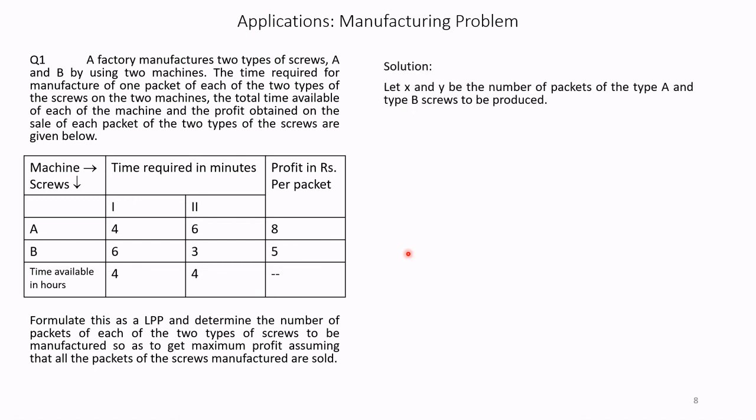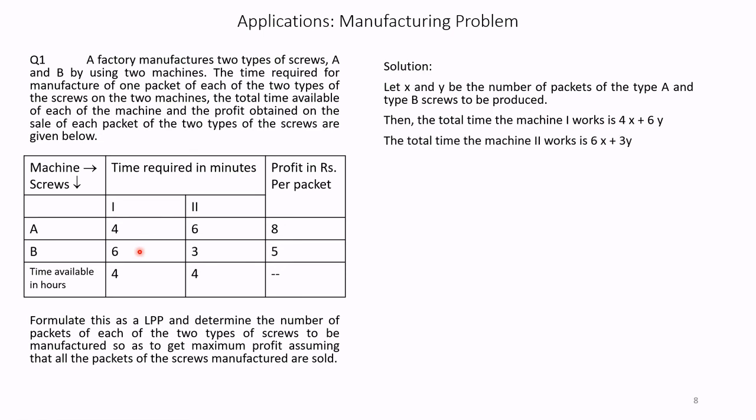Let x be the number of packets of type A screws and y be the number of packets of type B screws. Therefore, the total time taken for machine 1 is 4x plus 6y.